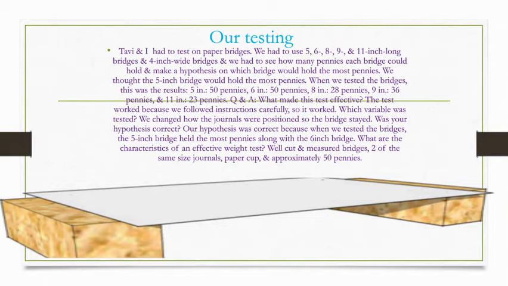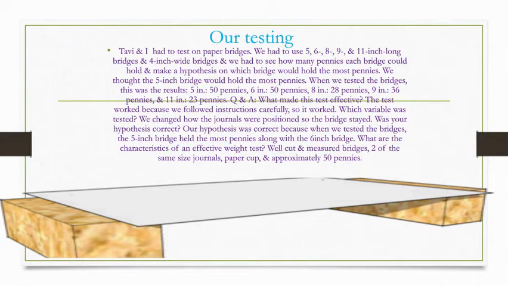Questions and answers. What made this test effective? The test worked because we followed instructions carefully. Which variable was tested? We changed how the journals were positioned so the bridge stayed. Was your hypothesis correct?